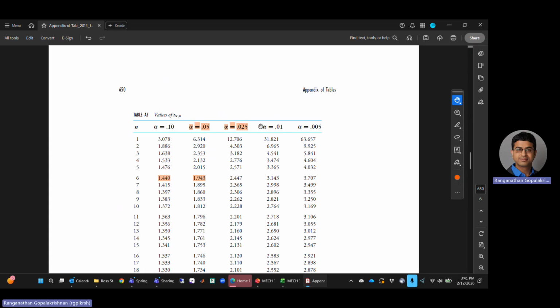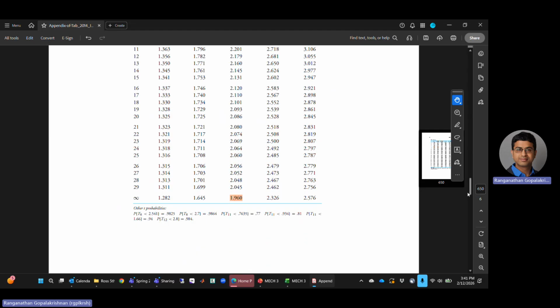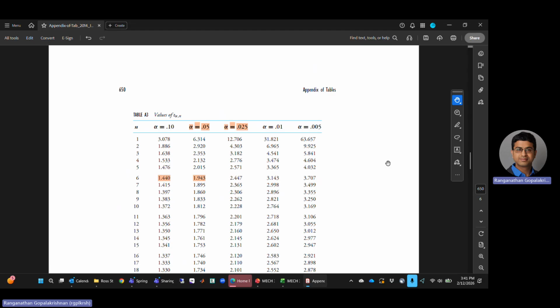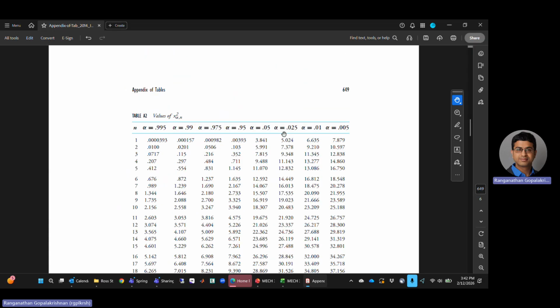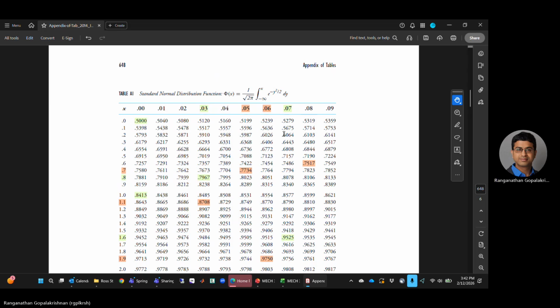Look up alpha equals 0.01. At the last entry, you have 2.326. Look up what is 2.326. And before you look up, anybody want to guess what the answer would be? 0.01? 99%. Right. If you say 0.01, that's like saying 99% probability. And now if you go back and look, 99% probability is to the left of which number?